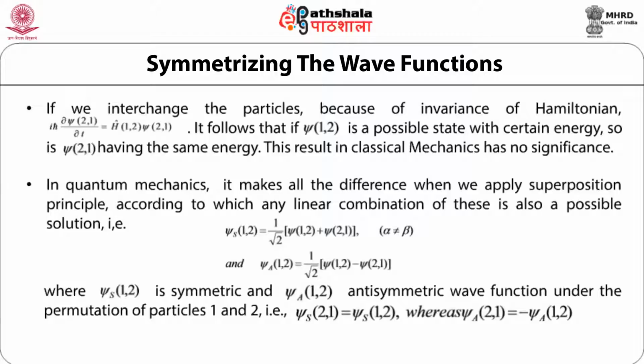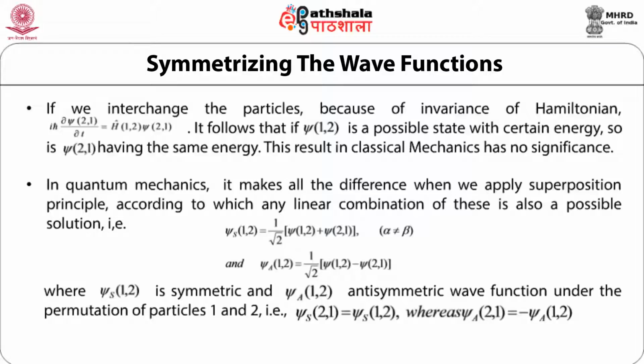Now, the way in which we have defined our linear combination of the two wave functions: psi12 denotes particle 1 in state alpha and particle 2 in state beta, and psi21 denotes particle 2 in state alpha and particle 1 in state beta.